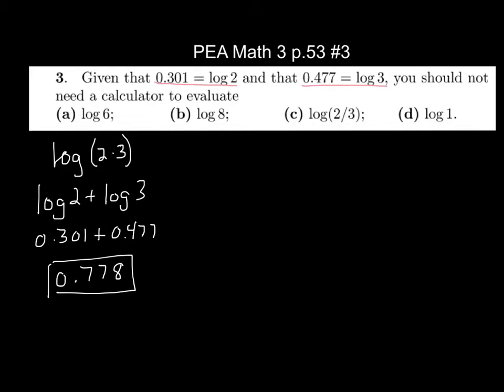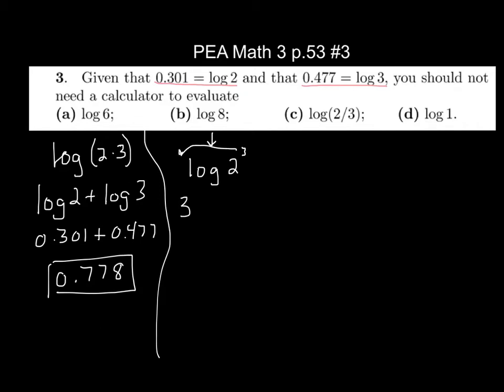All right. On B, how can we get 8 using 2 or 3? 2 to the third power. So I can say log 8 equals log 2 to the third power. Now because it's a third power, we've been working with this a lot, what can I do with that 3? Move it out in front, multiply it.